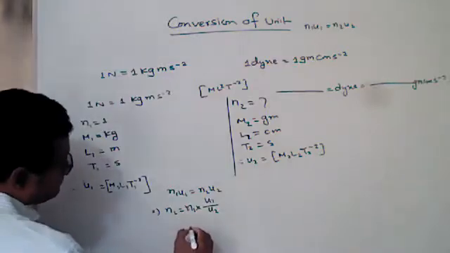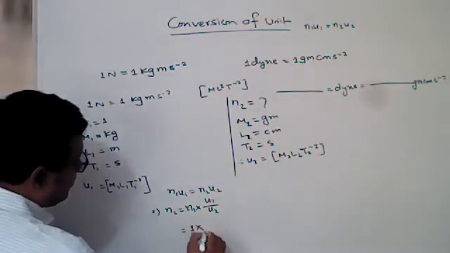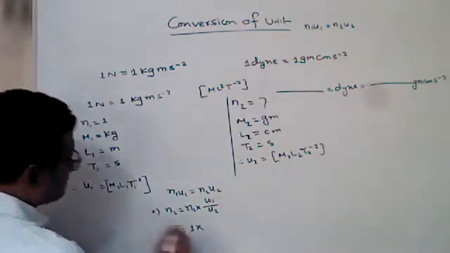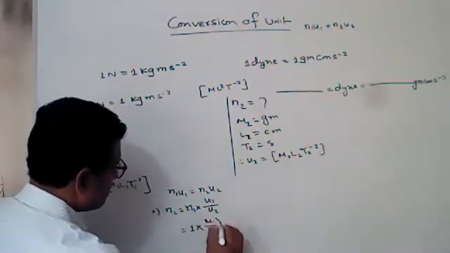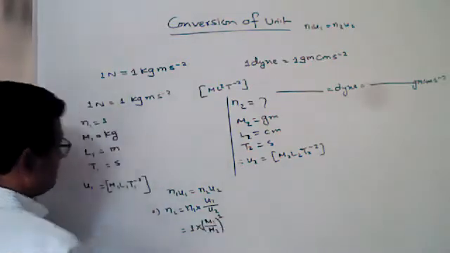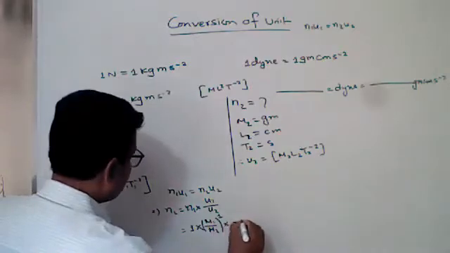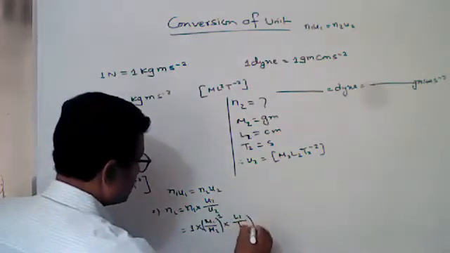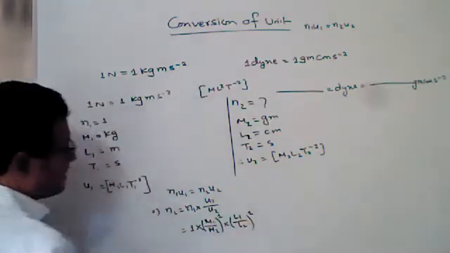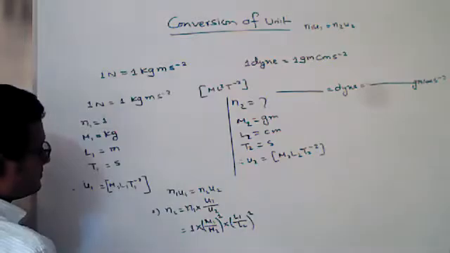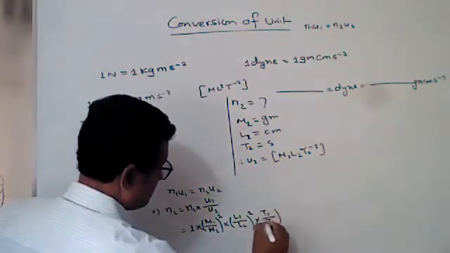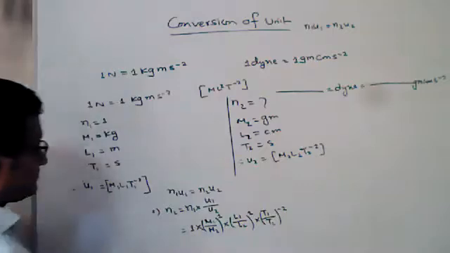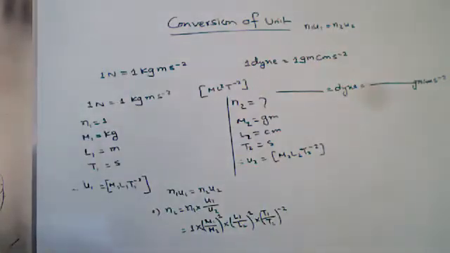So N1 equals 1, U1 is M1 by M2 power 1, into L1 by L2 power 1, into T1 by T2 power minus 2.